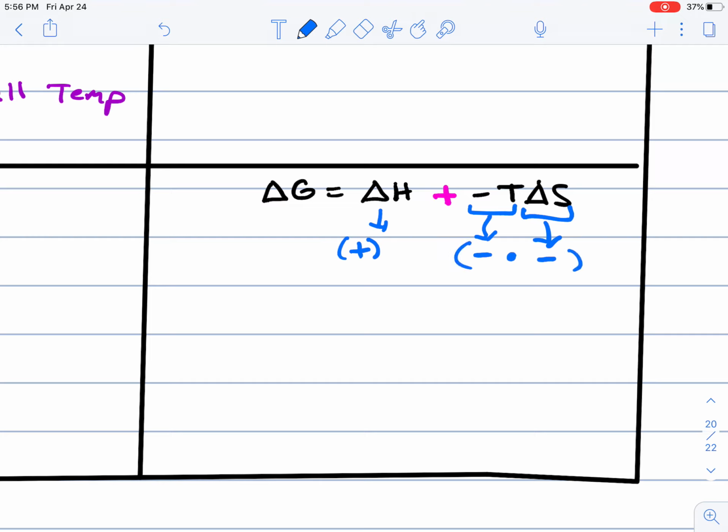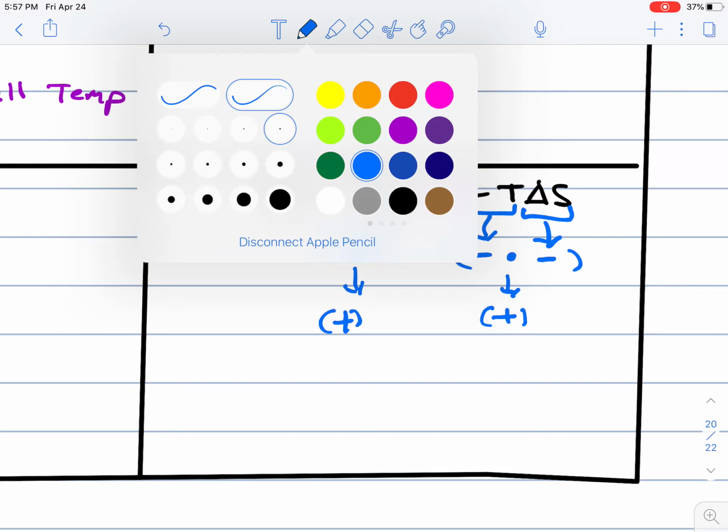And so if you multiply a negative and a negative, what do we get? We get a positive value. And so I'm going to bring down this positive and then change my color to pink.